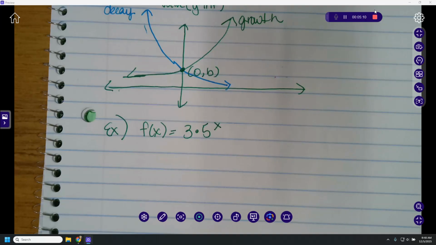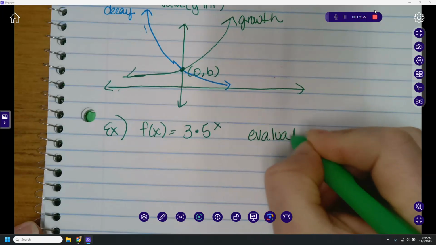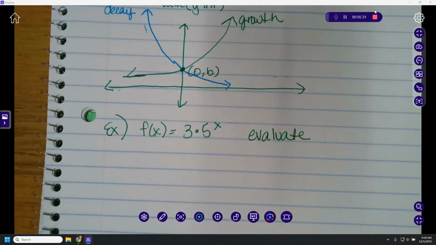What I would like you to be able to do is to do some of these without a calculator within reason, okay? Meaning I'd rather have it be an unsimplified answer and you know what you're doing than just plugging things in a calculator and you don't know what you're doing. Let's evaluate these. What I would like us to do is just address a positive exponent, a negative exponent, and a fraction exponent so you remember what those do.